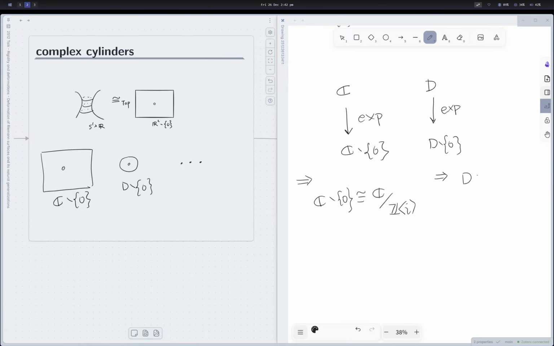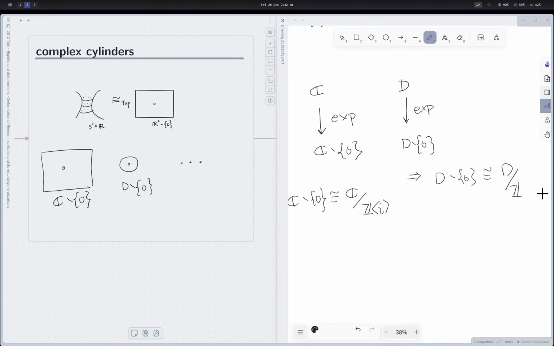So d minus 0 is isomorphic to d quotient Z in some sense.